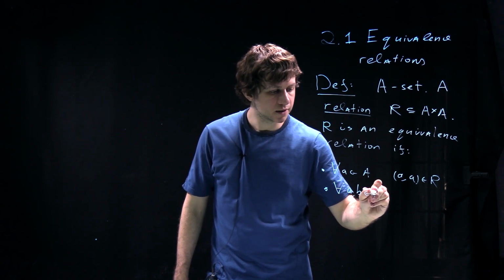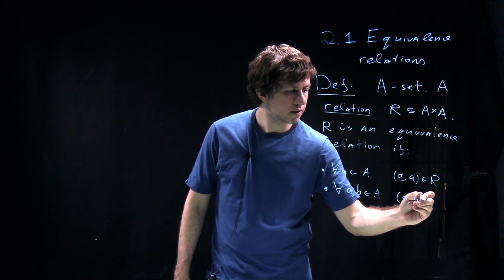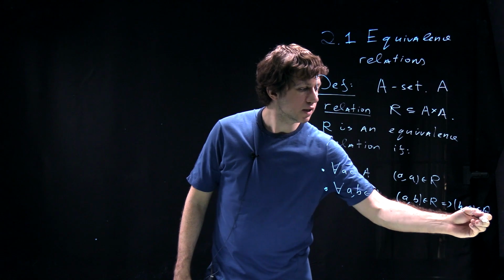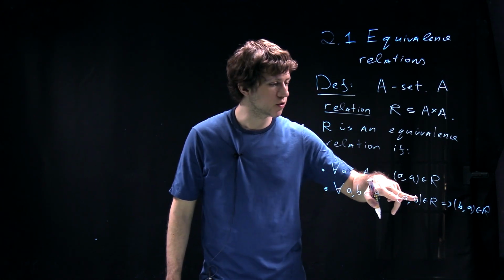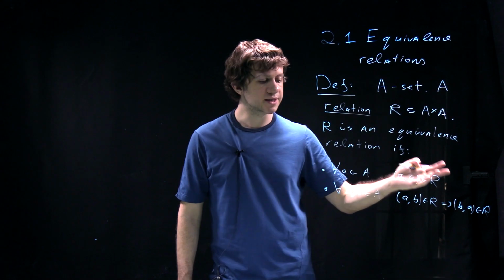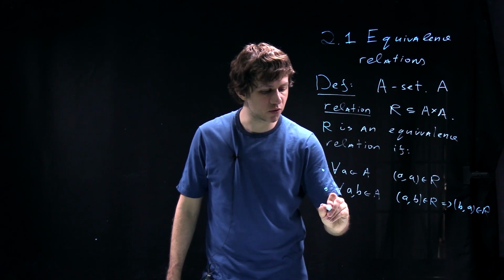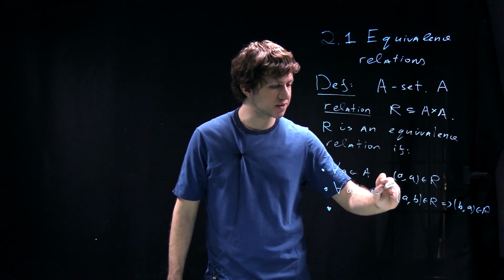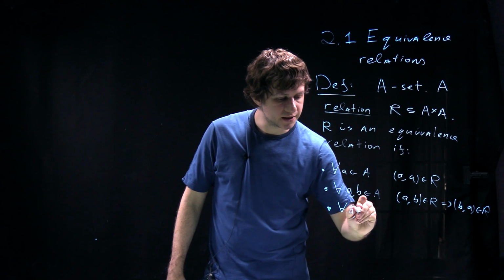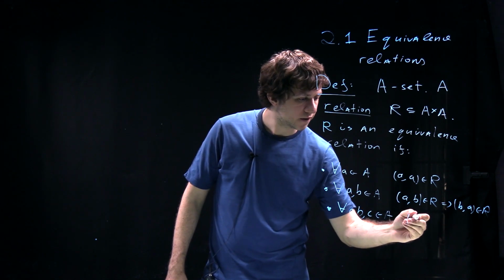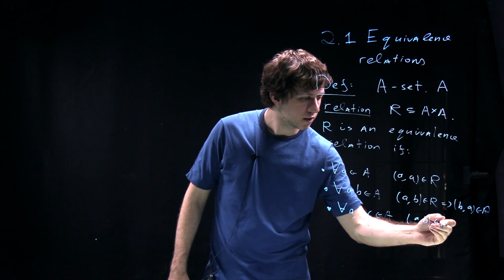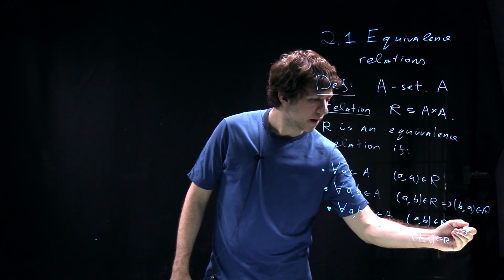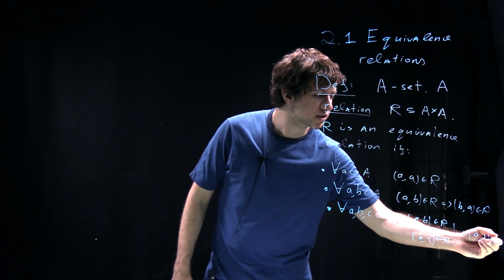For any a, b in A, if (a, b) is in R, then (b, a) is in R. It means that basically if a is in this relation to b, then b is in the same relation with a. It's a very nice property. Not always happens in life, but for equivalence relation we expect that. And for every a, b, c in A, if (a, b) is in R and (b, c) is in R, that implies that (a, c) is in R. That's called transitivity.